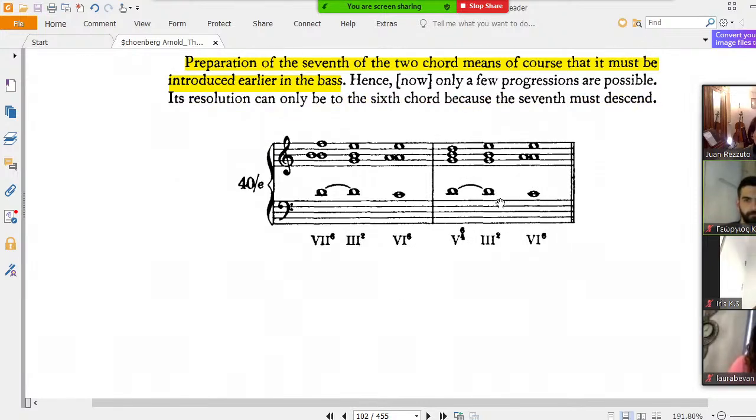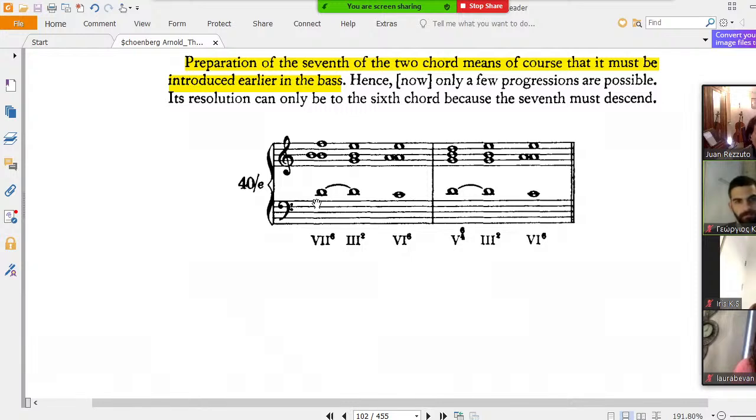Same thing here. If you see, the seventh is prepared in a sixth chord, and you double the bass, especially if you have a seventh which you have to prepare. So this is the same case. And in this case, you have a seventh, which is kind of interesting, because it's the only interval that is a consonant.